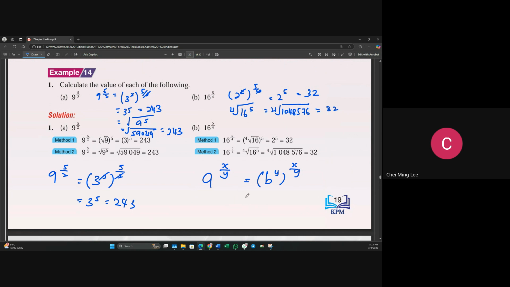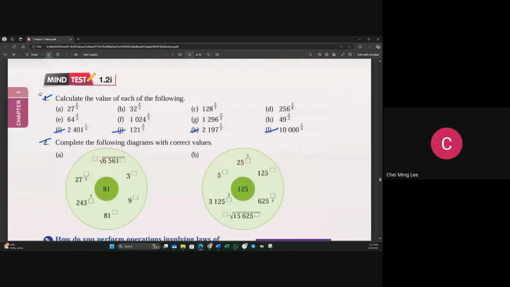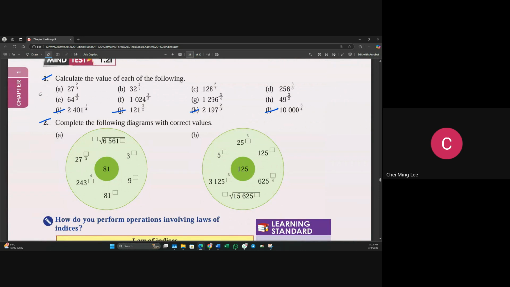If you are using a calculator and you don't know the value, you just need to press this one. I think there's something like this on your calculator. All right, so try to do this.